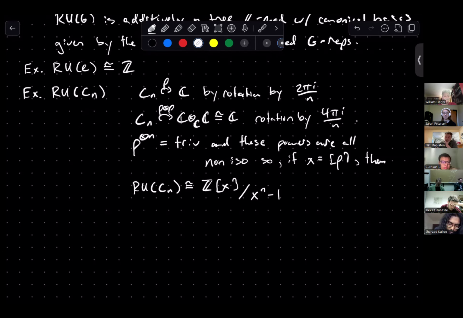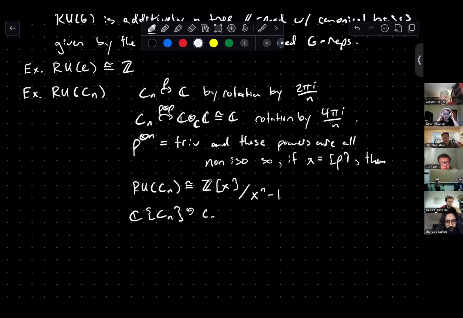There is a special element in the representation ring of Cn, called the regular representation. I can take the free complex vector space on the underlying set of Cn, and Cn acts on this. This is called a permutation representation.